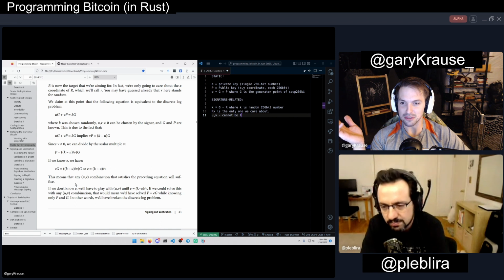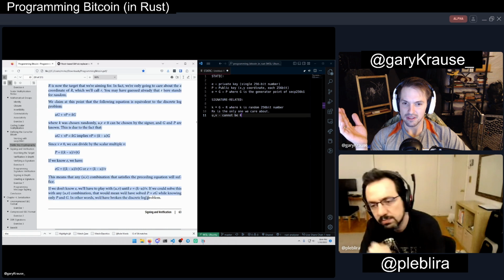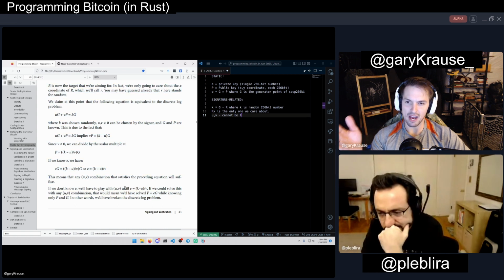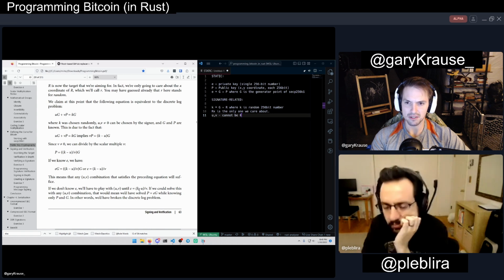Basically, you have to know E in order for this equation to be true, due to the discrete log problem.